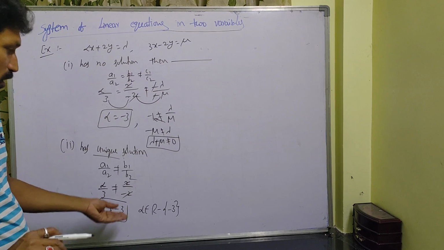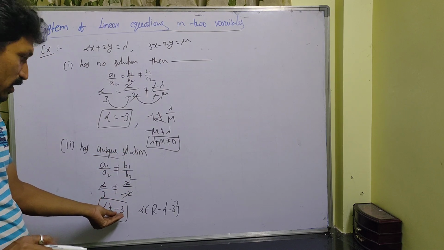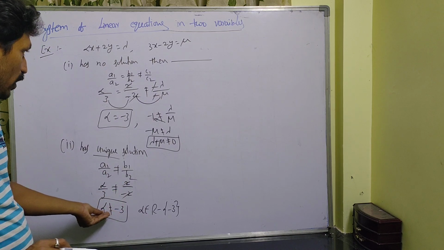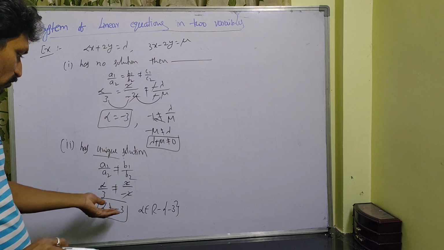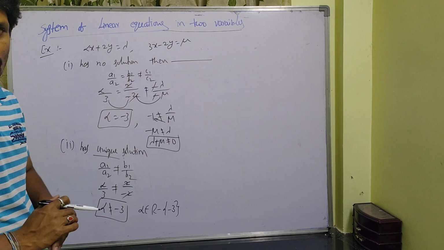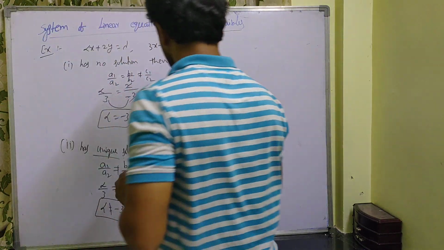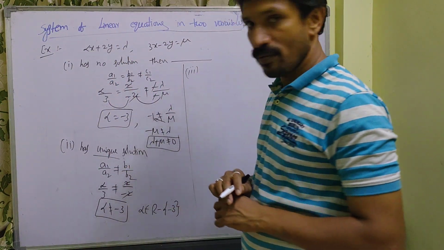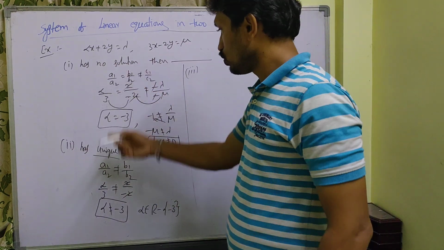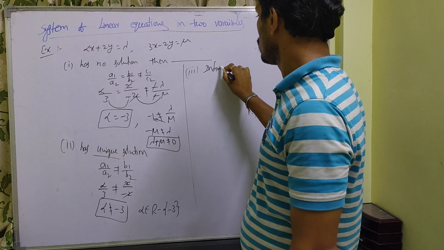That means if it has unique solution, except minus 3, if you have any number in the place of alpha, it has unique solution. Okay. Next, third one. So no solution, unique solution. Next, infinitely many solutions.